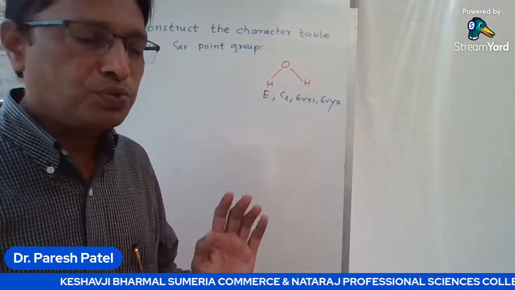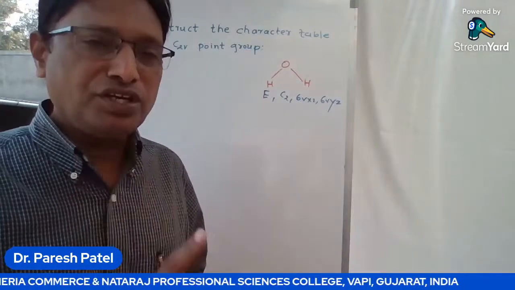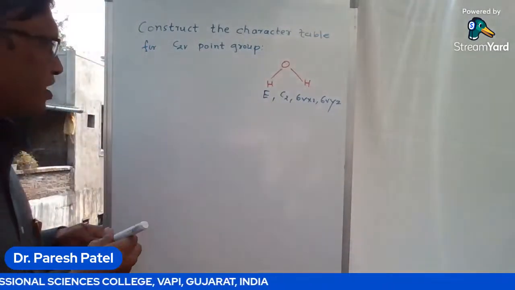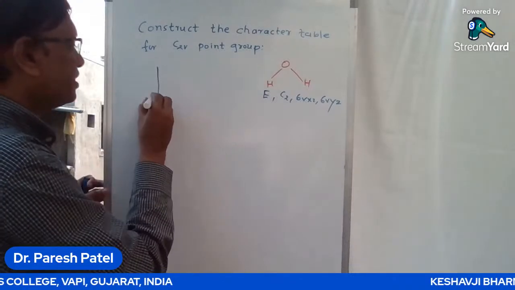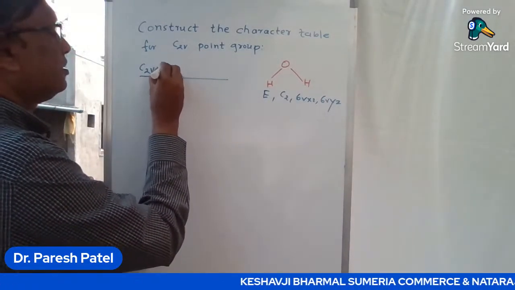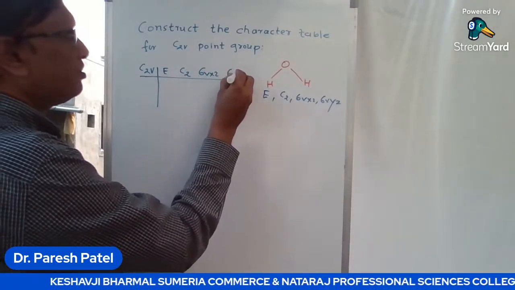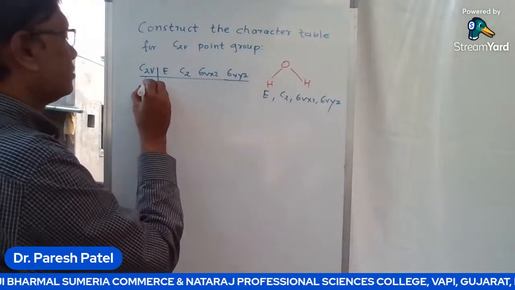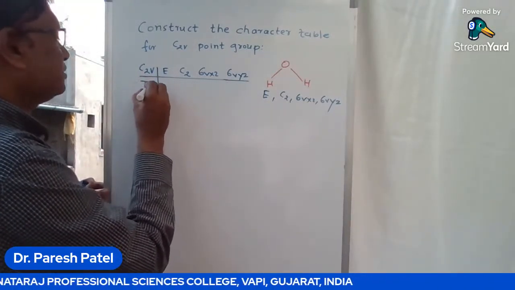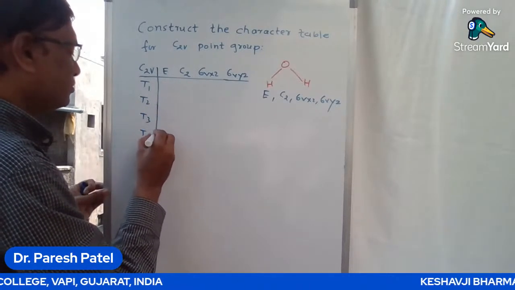So, according to rule number one of irreducible representations, the number of irreducible representations is equal to the number of classes. According to that, we can predict that for C2V, with E, C2, sigma V XZ, sigma V YZ, the irreducible representations are T1, T2, T3, and T4.